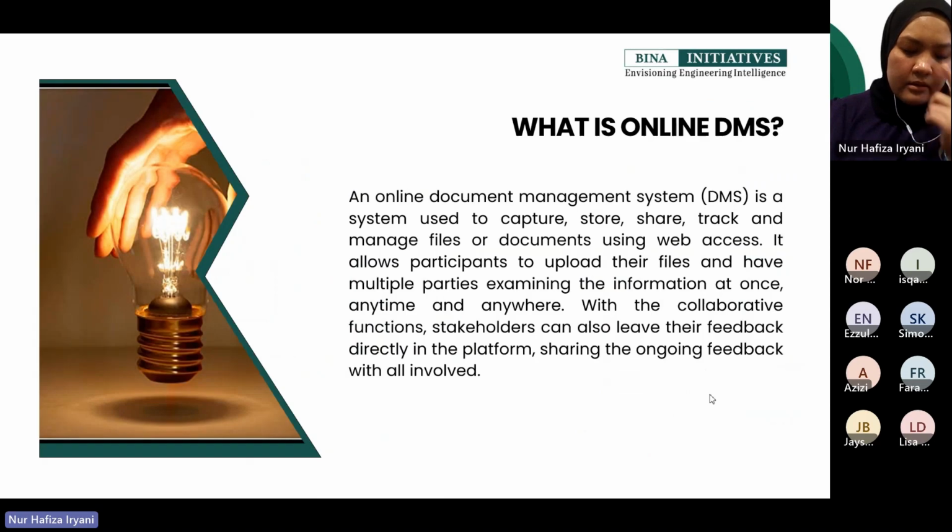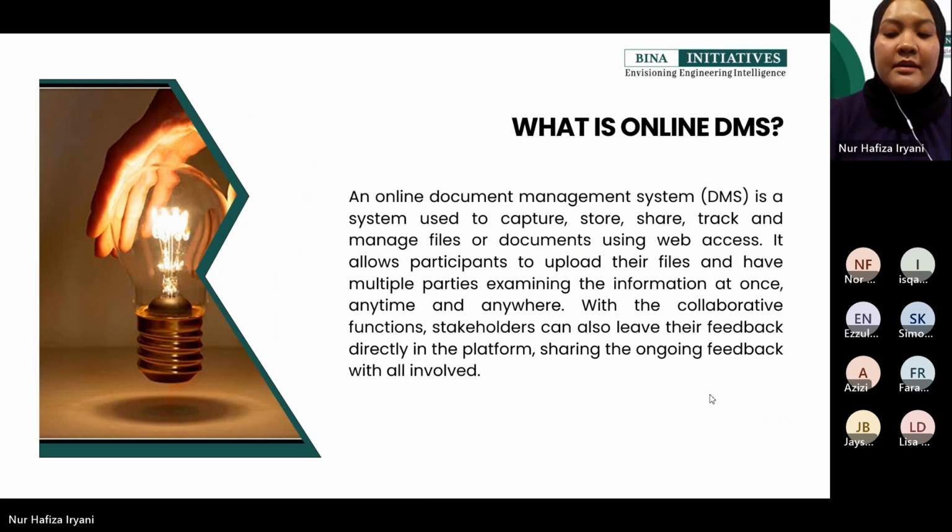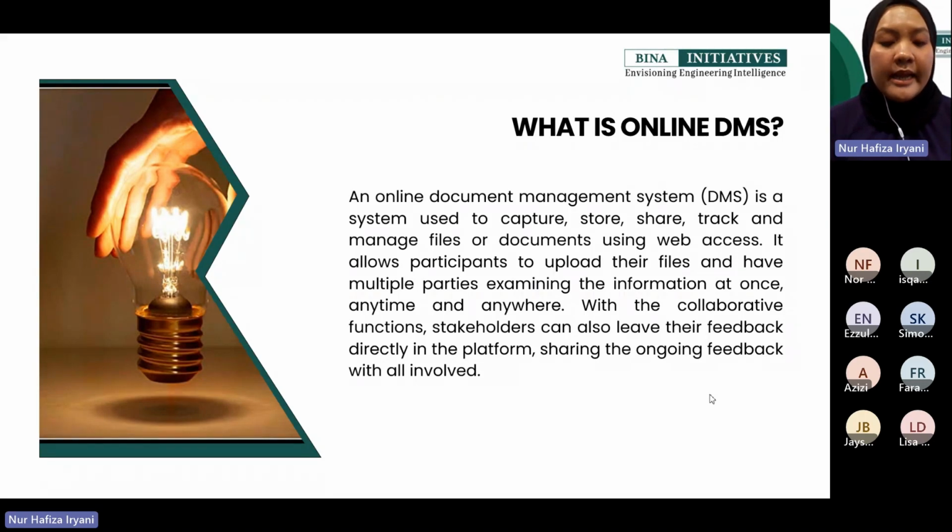All right. Okay, so how should we do? The ultimate solution for all those challenges is online DMS. Actually, I think all of us are using the term EDMS, which is Electronic Document Management System.